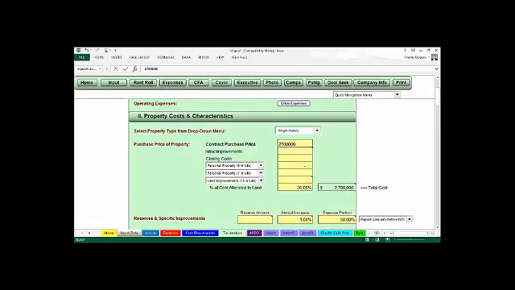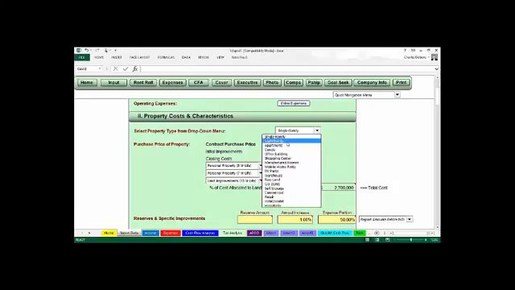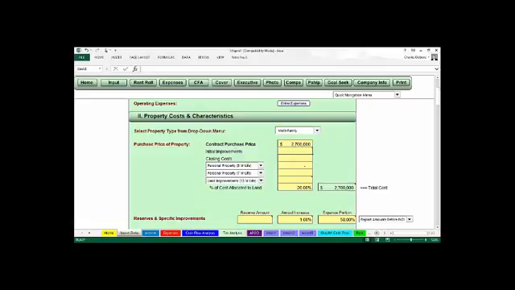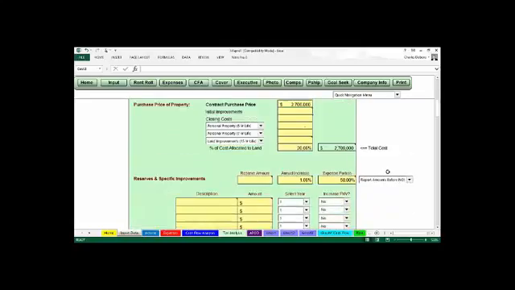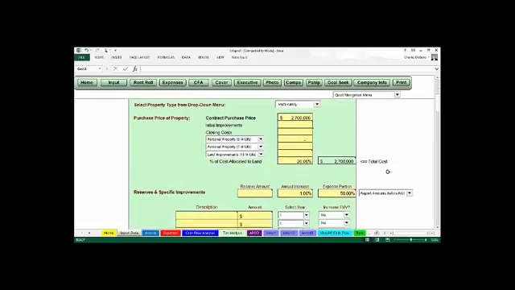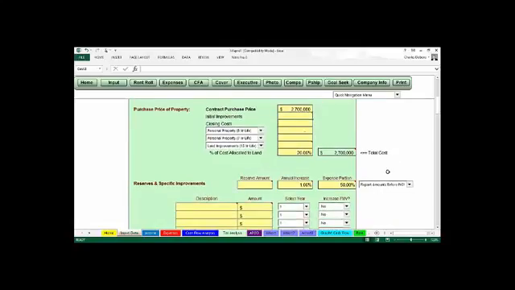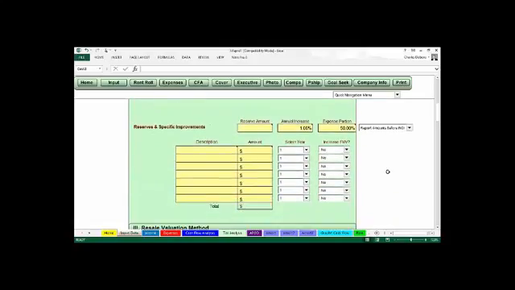Okay, so I'm going to put in 2.7. I'm going to use the drop-down box to show multifamily. I'm going to leave the initial improvements and the closing costs blank right now, okay? I know we're going to come back to that. If this looks like a good deal and it looks like we can put pen to paper and make a good offer, I'll come back and start sharpening my pencil on those. But right now, I'm just going to leave it at 2.7.